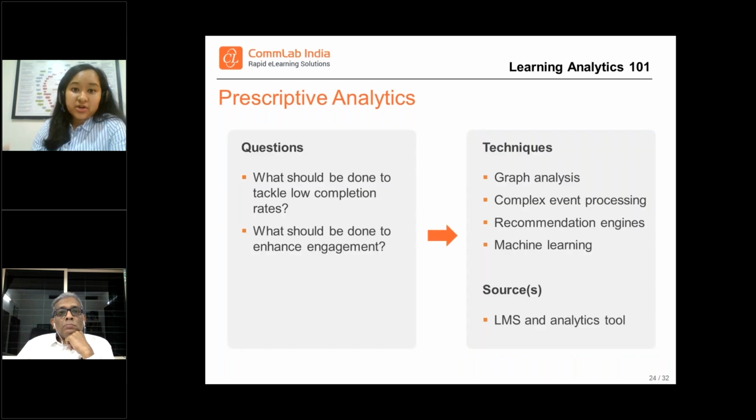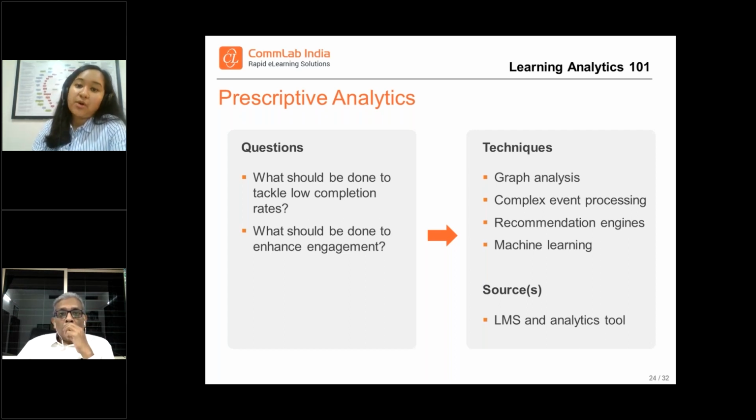So now, what sort of insights will prescriptive analytics give us? Let's look at some questions. What should be done to tackle low completion rates, or what should be done to enhance the engagement? To be able to do this type of analysis, the system uses techniques such as graph analysis.